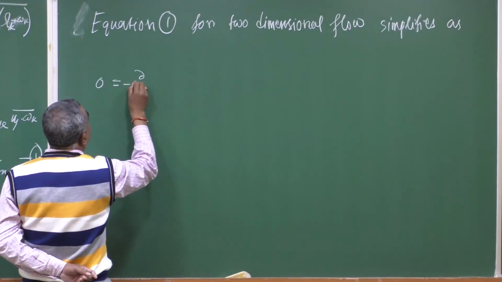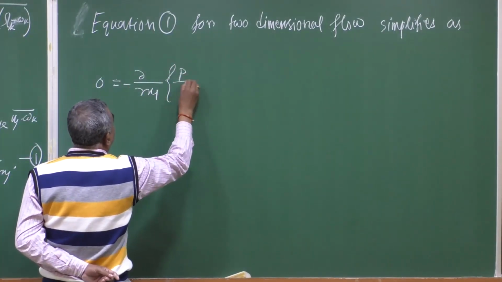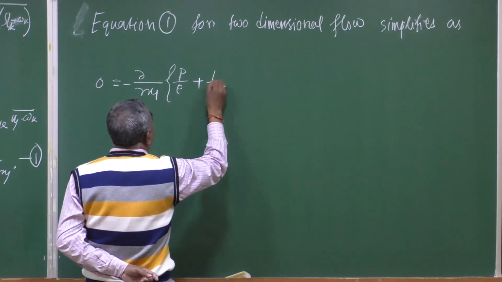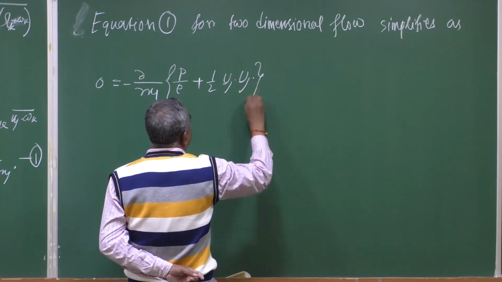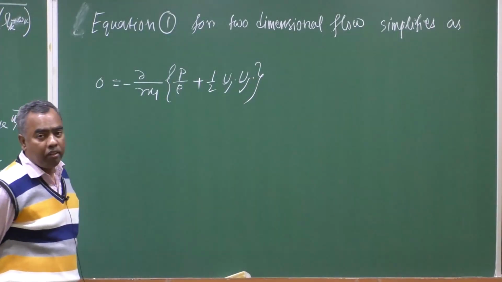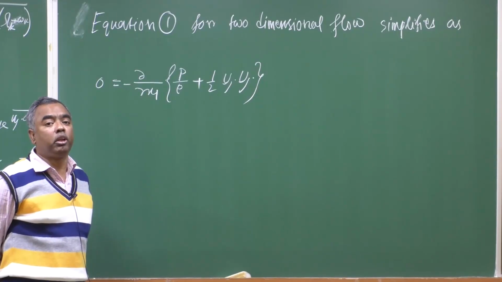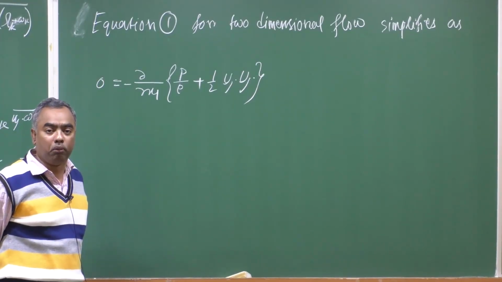del x 1 capital P by rho plus half u j. Here we are considering the contribution to the dynamic pressure from the turbulent fluctuation is negligible for this kind of flow. Okay.